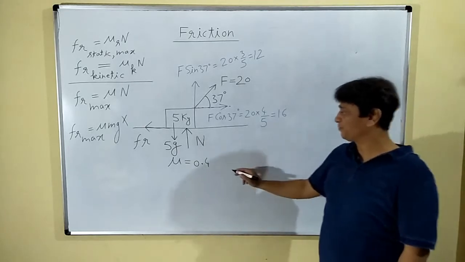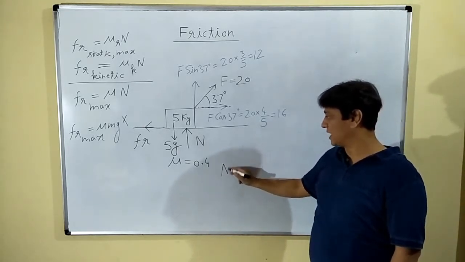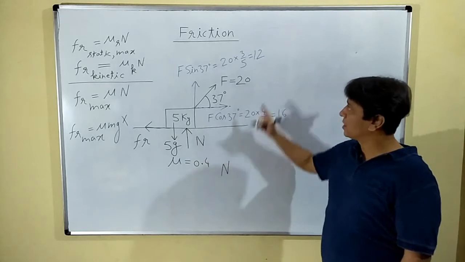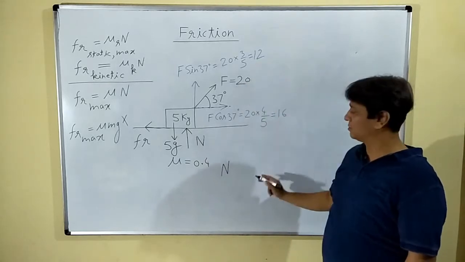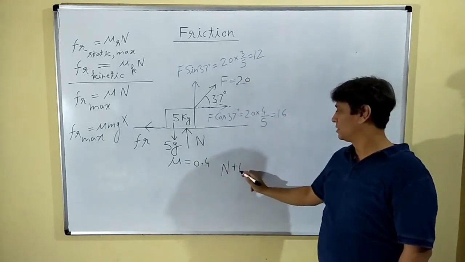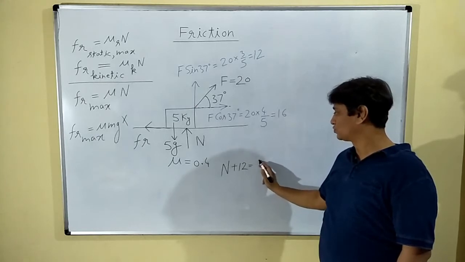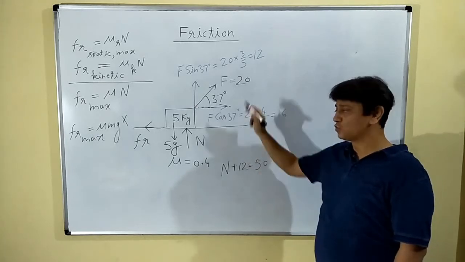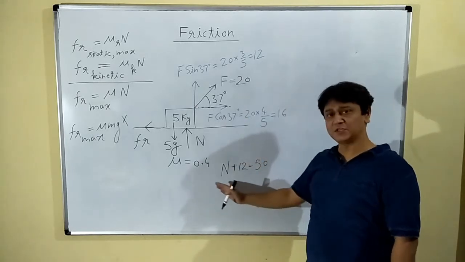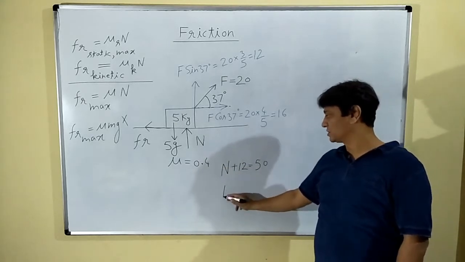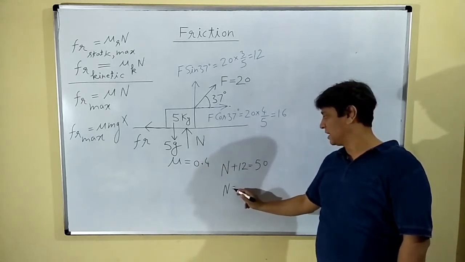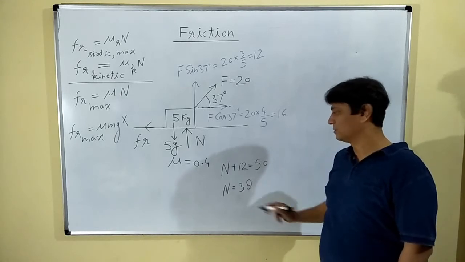Look here. On this 5 kg body, normal reaction is acting like this, 5g is acting like this, and 12 is acting like this. And there is no vertical movement, which means vertically forces should be balanced. How do you balance them? Upward force is N. Another upward force is 12. And downward force is 50. There is no vertical movement and therefore we have balanced vertical forces. This gives us N as 38.